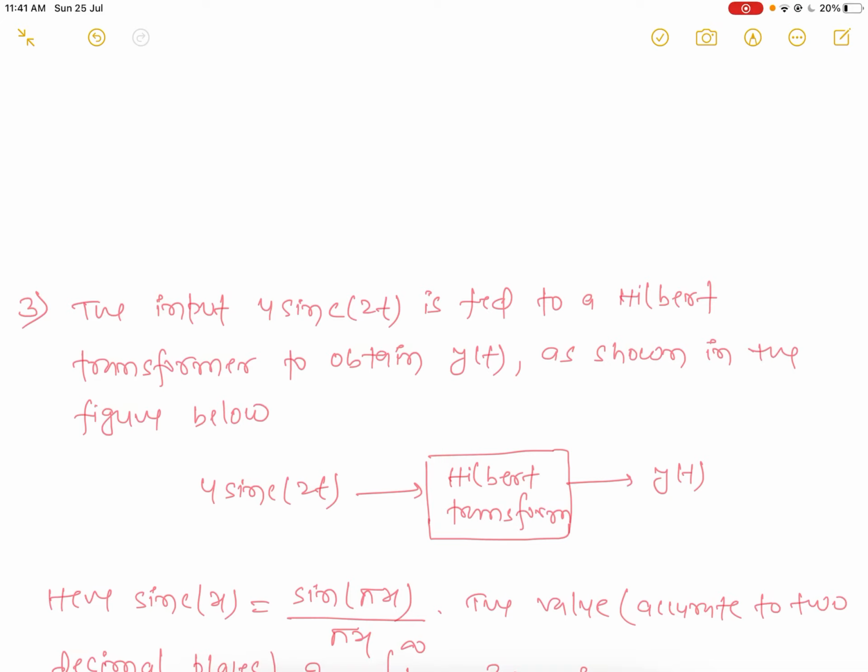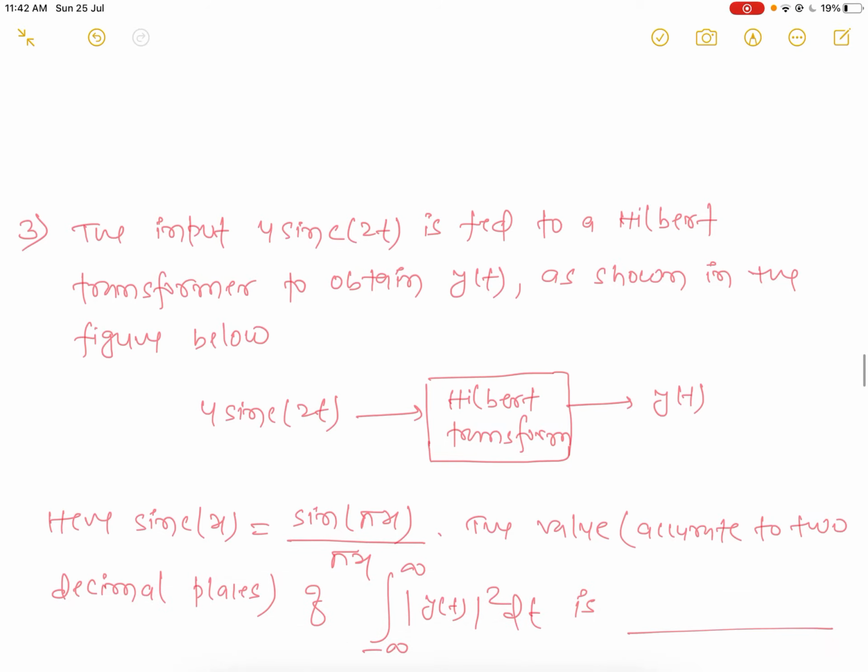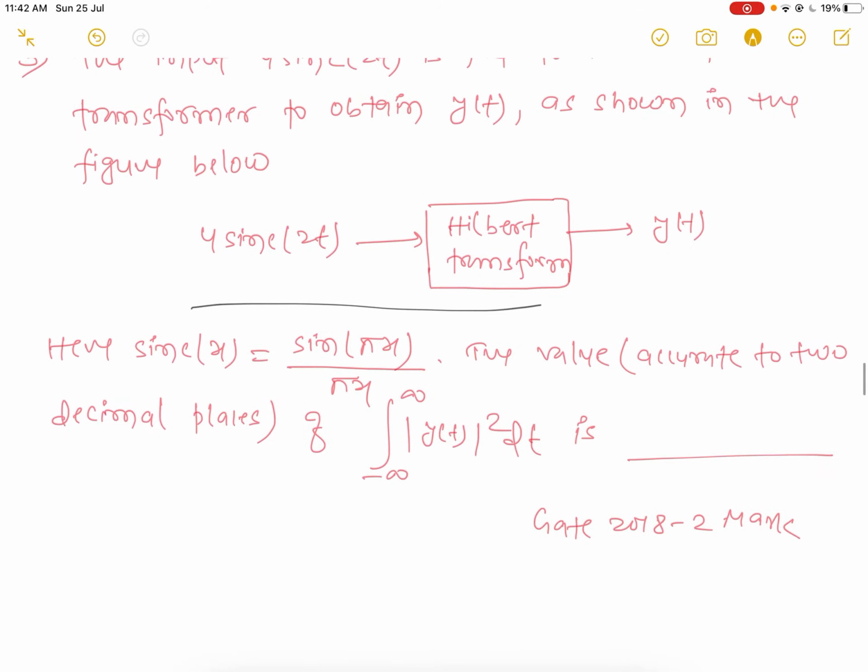Now comes the next question. The input sinc(2t) is fed to a Hilbert transform to obtain y(t) as shown in the figure. Here sinc(x) is equal to sin(pi x) upon pi x, and we need the value, accurate to 2 decimal places, of the integral of |y(t)| squared dt. This was asked in GATE 2018 for 2 marks.